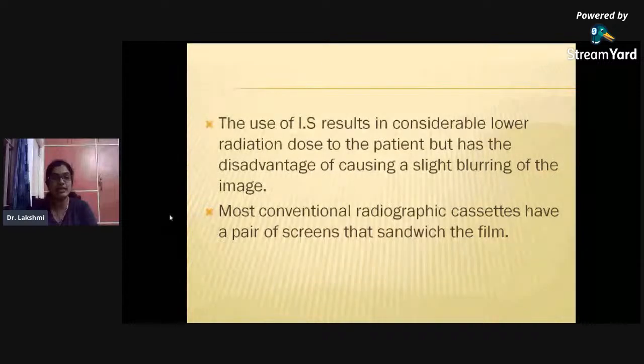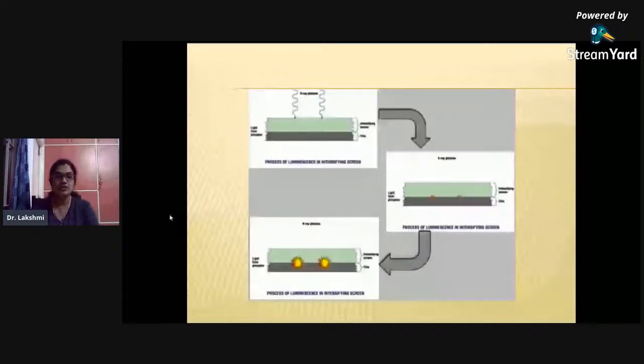Most conventional radiographic cassettes have a pair of screens that sandwich the film. In this diagram, you can see a diagrammatic representation. This is the intensifying screen, and this is one part, one cross section.